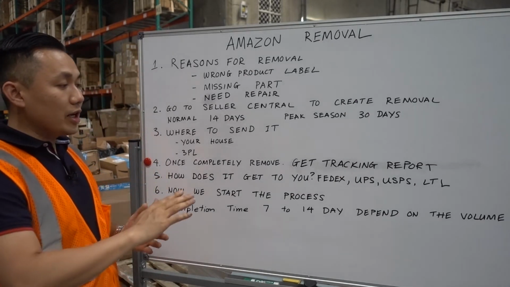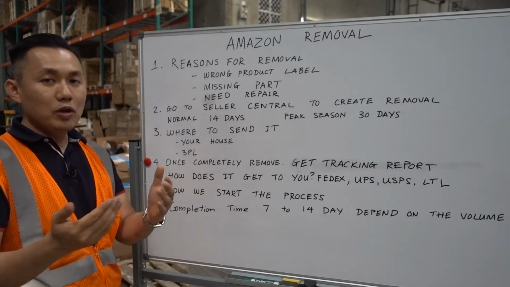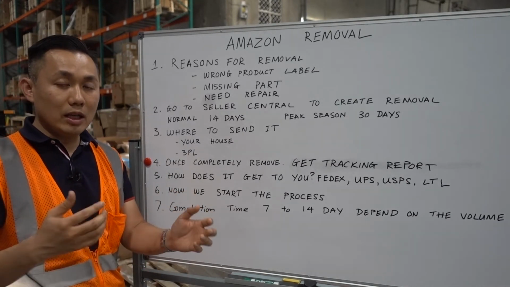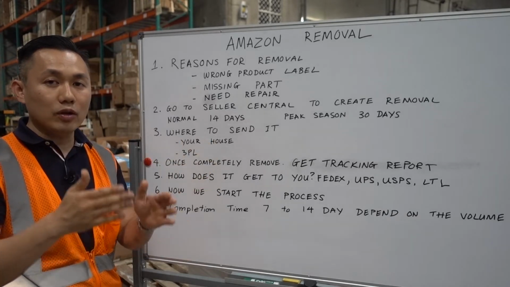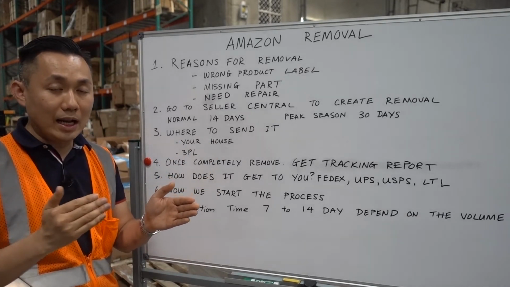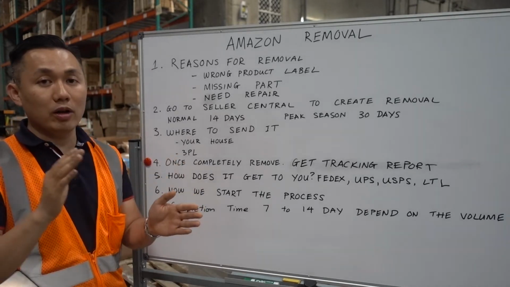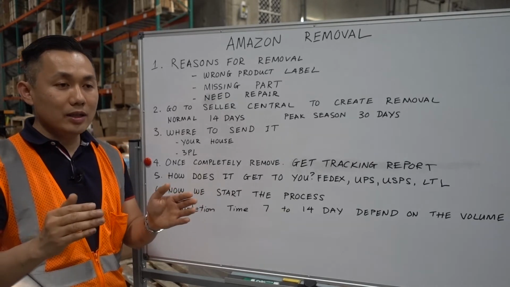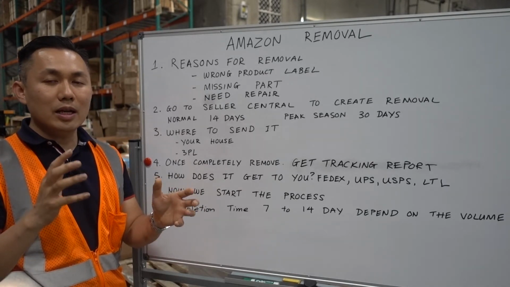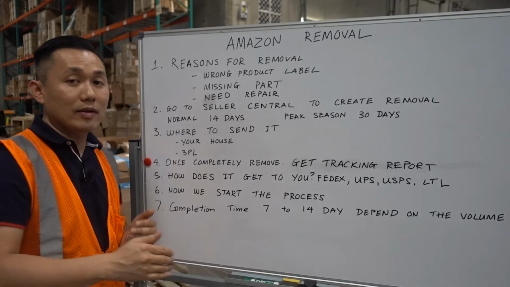So once you create the removal order and all the removal orders are completed, you want to go to Seller Central and print out the tracking, and you want to see that all the tracking is completely sent to you, or to your freight forwarder, or to your third-party logistics. The reason why is it comes in such a mess that you don't want to second guess yourself and say, has this arrived, has this not arrived?